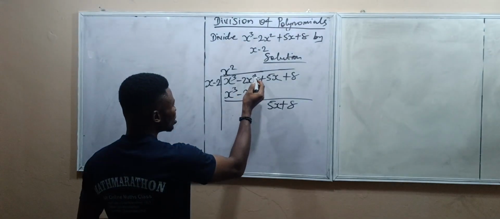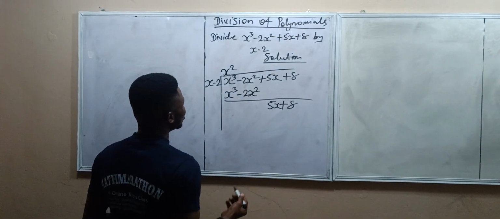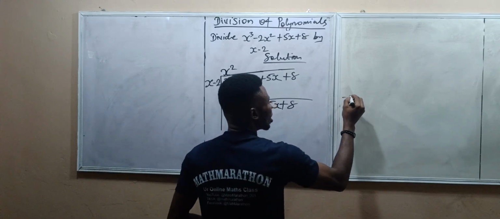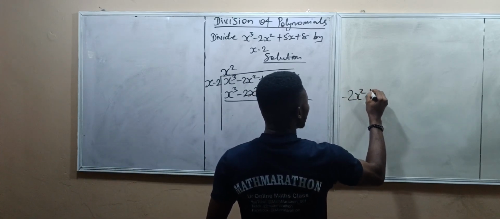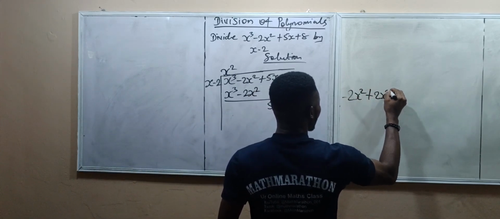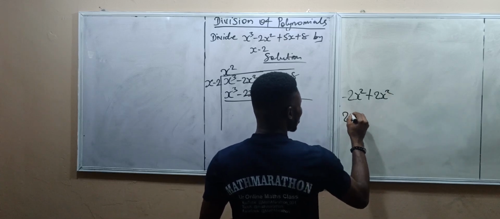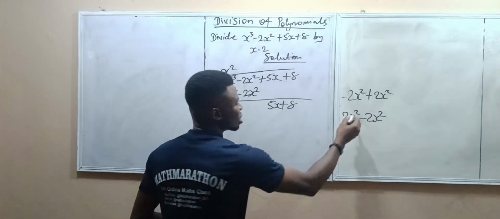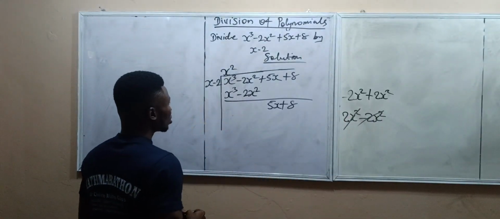So minus 2x squared plus 2x squared is 0. Another way you can write it is 2x squared minus 2x squared. This one take away this one. So that one is done.